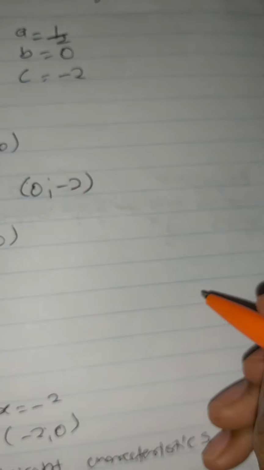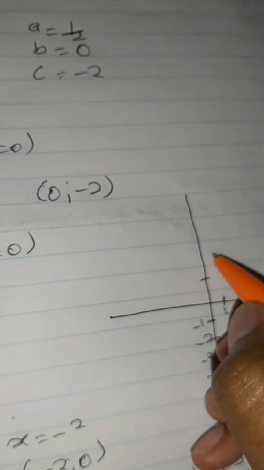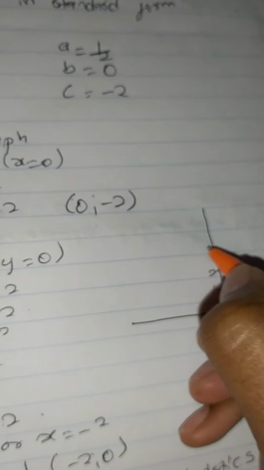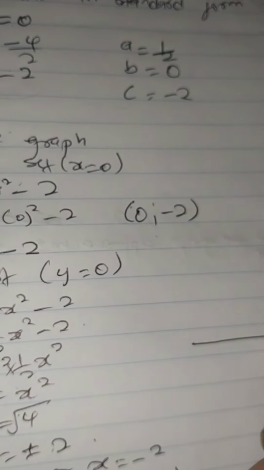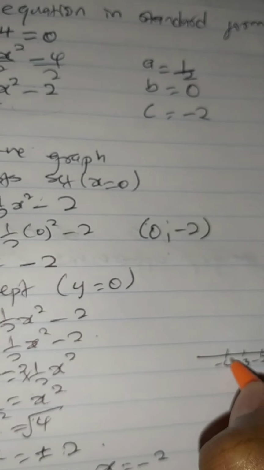So let's do the graph this side. We've got 1, 2, 3, 4, 5, minus 1, minus 2, minus 3, minus 4, 1, 2, 3, 4, minus 1, minus 2, minus 3, minus 4.